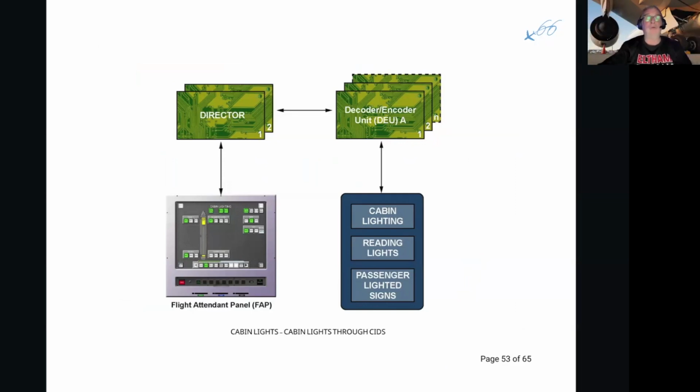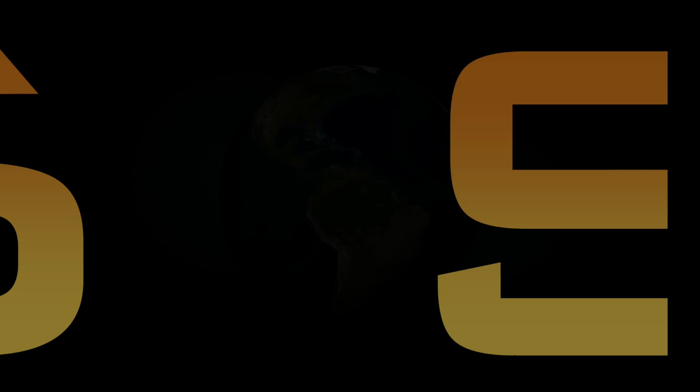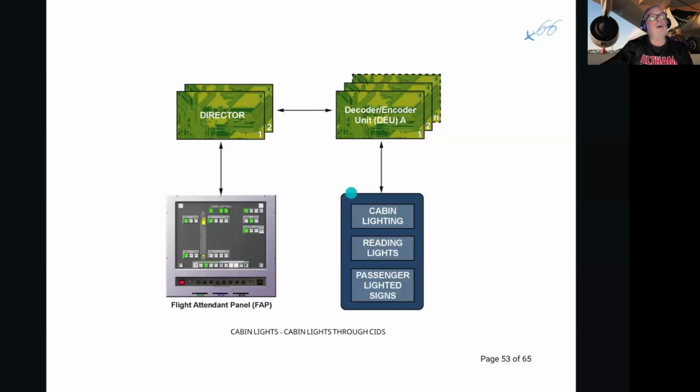Here they are. So all the controls, whether they be on the flight attendant panel or at the passenger service unit for the reading light, for example, will go via the DEU, the decoder encoder units, the DUAs for the passengers.